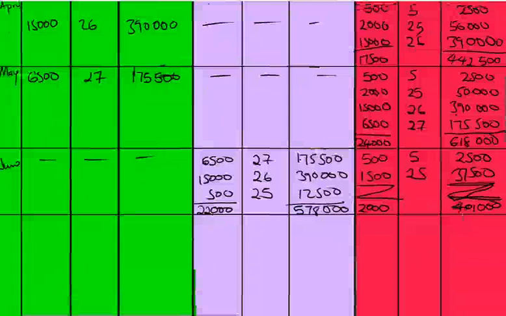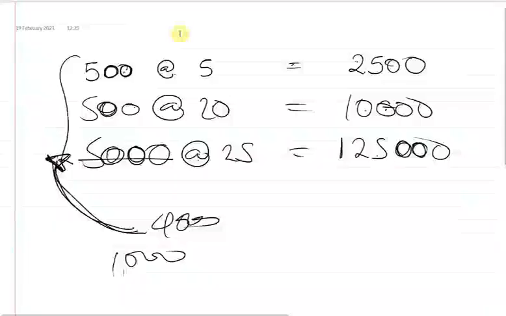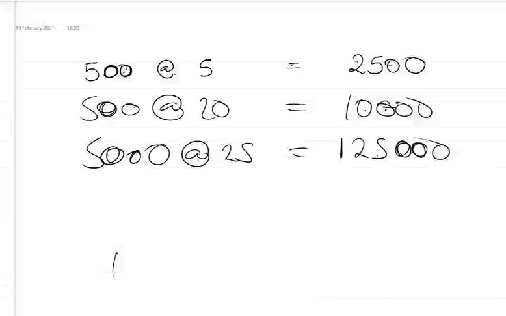Now let us now use FIFO. The first thing, we want to find the opening inventory first. Now, because we are using FIFO, what we are saying is first in, first out.